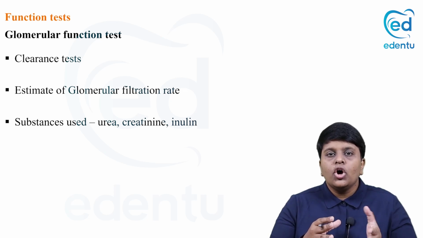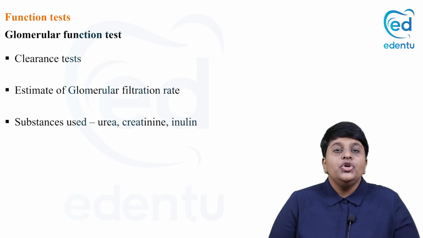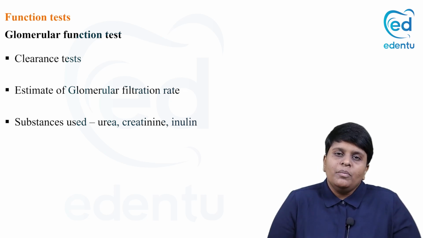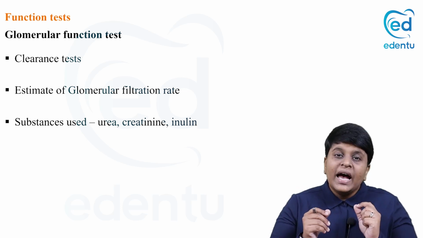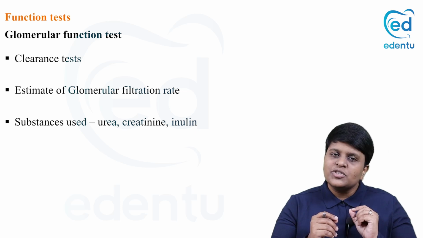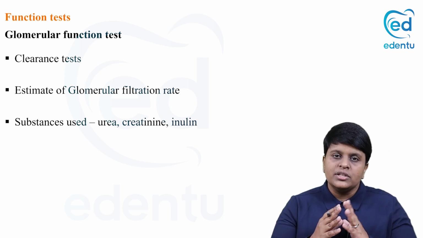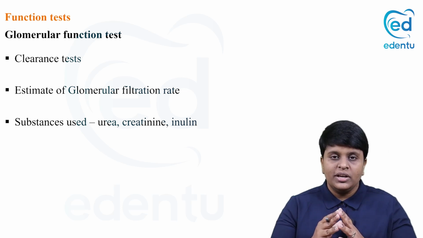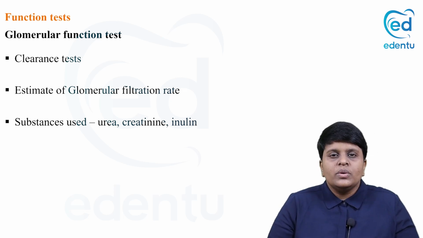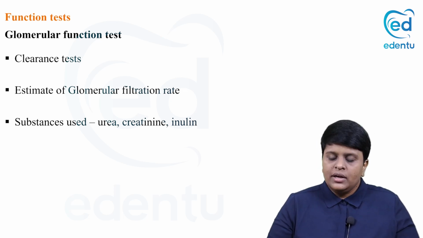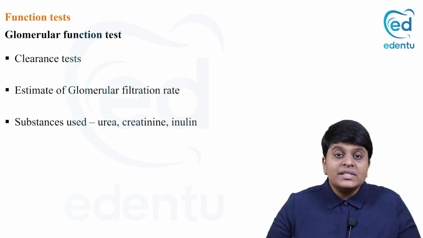Now if we see the non-invasive endogenous substances, urea and creatinine are the most commonly used substances to study the clearance. So urea clearance and creatinine clearance, and among these, creatinine clearance is more specific than urea clearance because urea is going to be affected by protein intake, whereas creatinine does not have such factors which will affect the values. In addition, you also have exogenous substances.